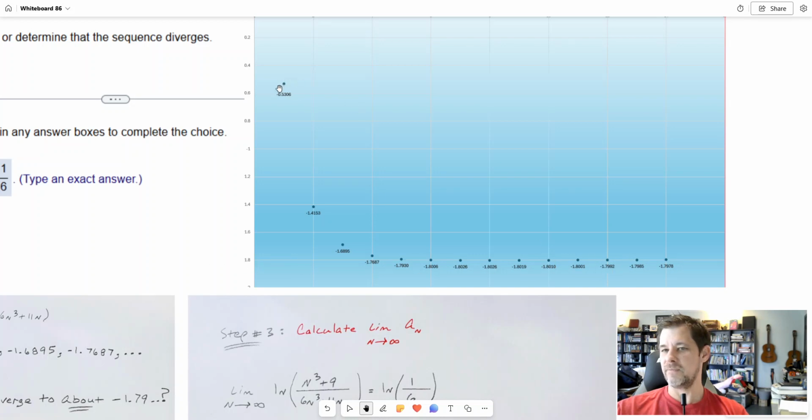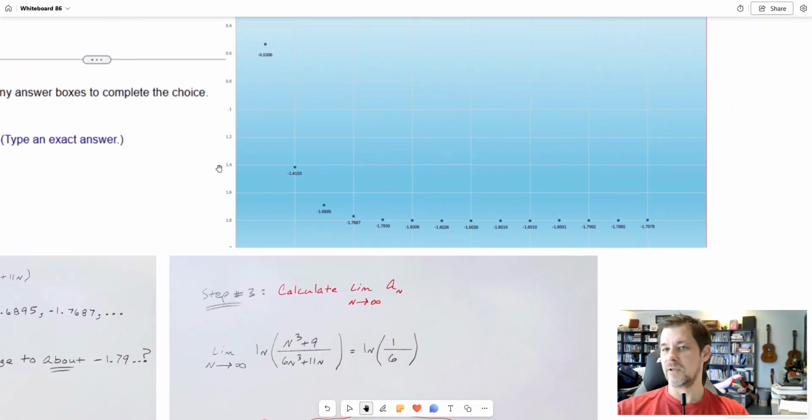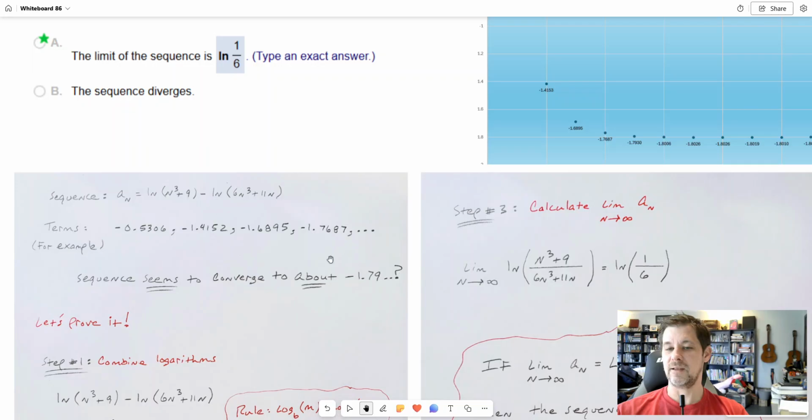Every term of this sequence gets closer to that, and every term is closer to that than all the terms that came before it. All right, so I would say the sequence seems to converge to about negative 1.79. I can't tell exactly looking at this with the numbers rounded, but it certainly looks that way. There's no limit to how close they'll get to that number.